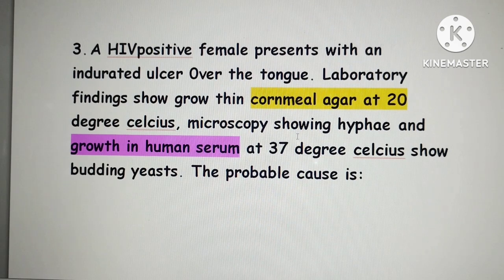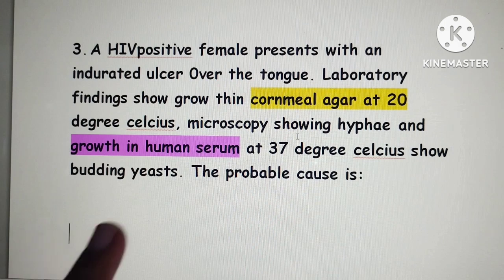Sorry friends, I had a little sore throat. If you come across the word cornmeal agar, cornmeal agar is mainly for chlamydospore formation, and that too only in Candida. So cornmeal agar is specific for Candida.